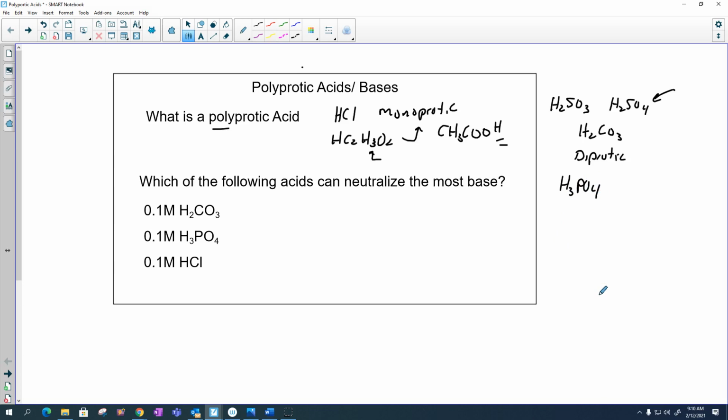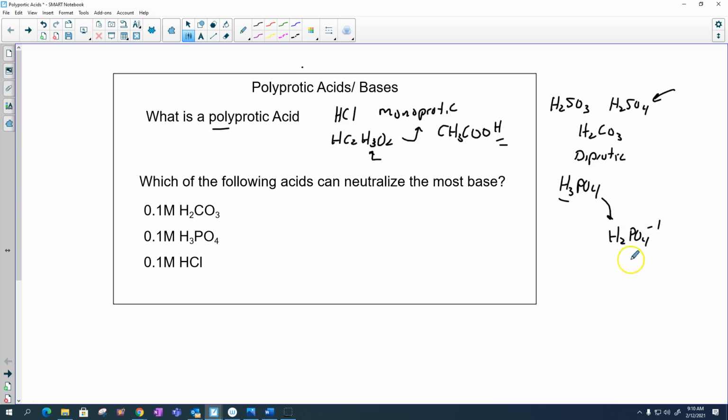Okay, so the number of H's that you can donate, sometimes that's pretty easy to see. This is what we call triprotic. After it loses an H, it becomes H2PO4 minus 1.